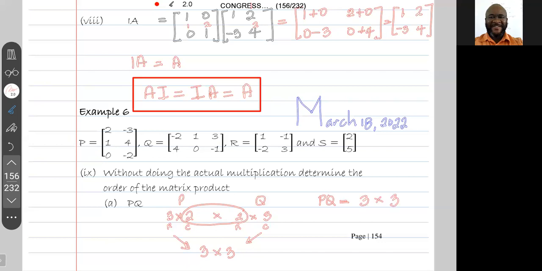In other words, PQ will have 3 rows and 3 columns. Guys, when 2 matrices are compatible for multiplication, the number of rows in the first matrix by the number of columns in the second matrix is the order of the matrix product.